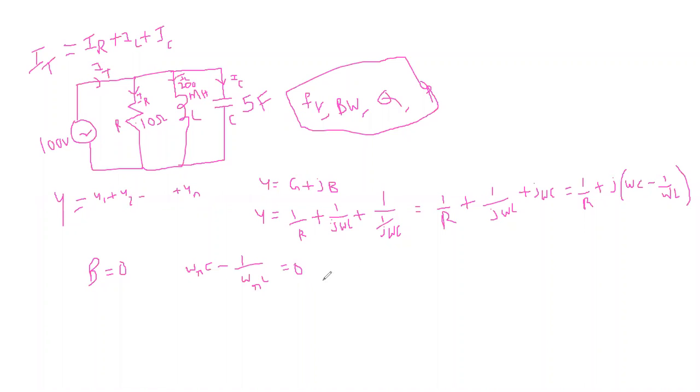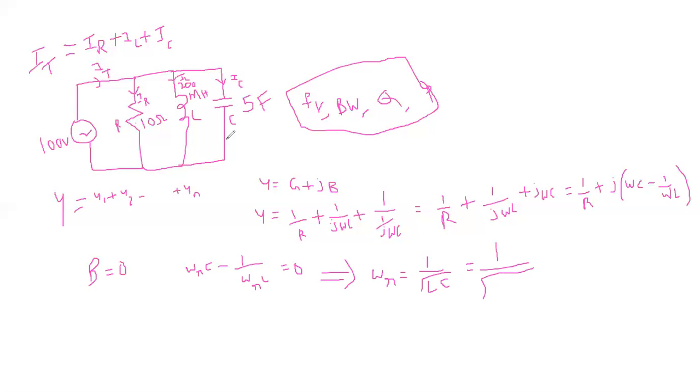From this, omega R equals 1 by root LC. So we know this is the formula for resonant frequency when resistance, inductance, capacitance are in parallel. So 1 by root LC.